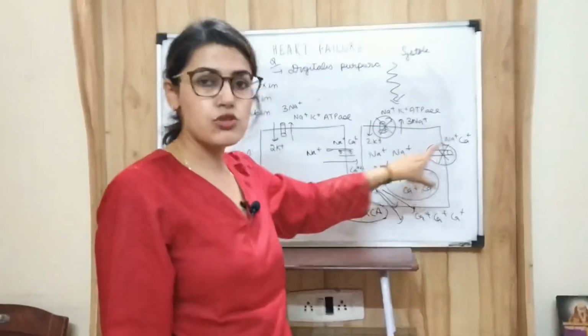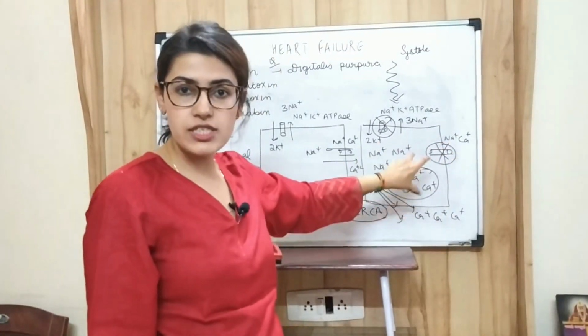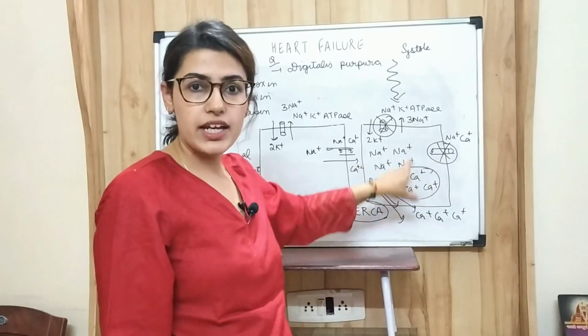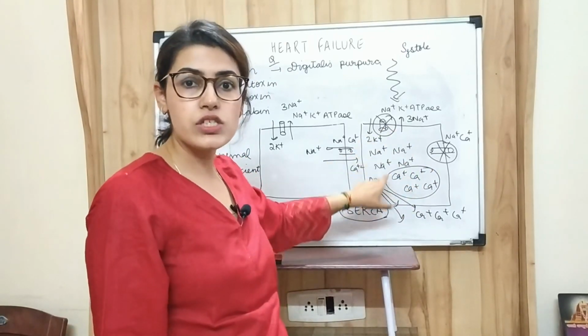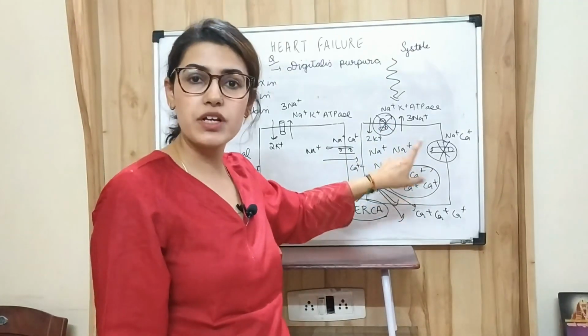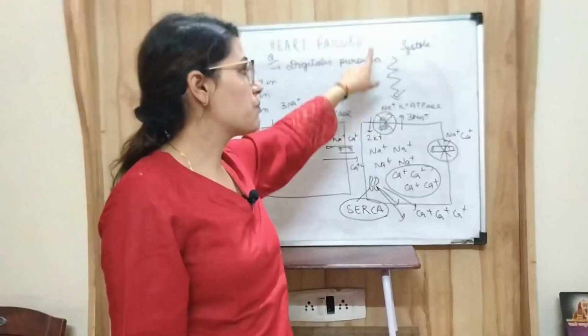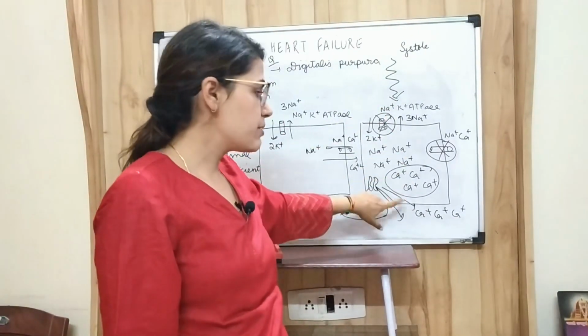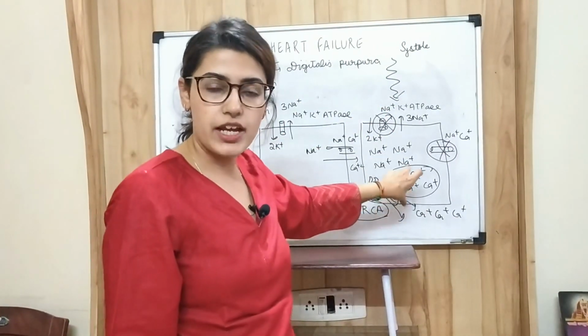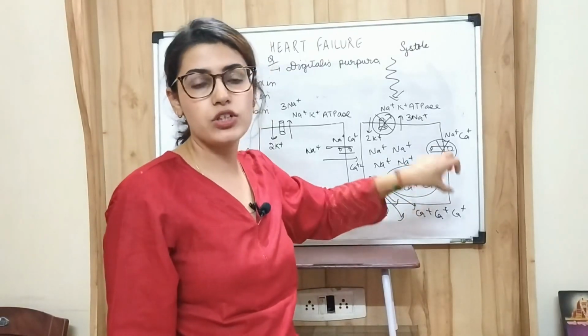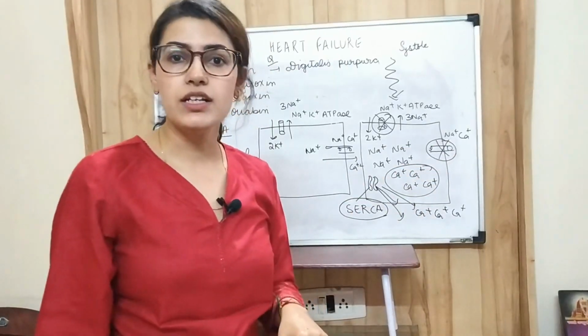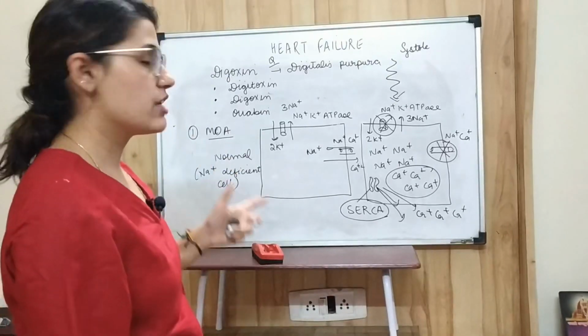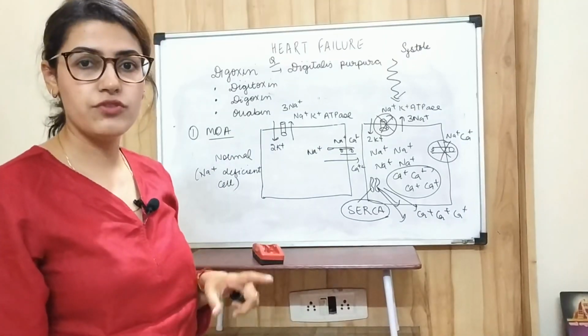Now when calcium is not going out, it will be too much in the cell. This calcium again gets collected and goes into the sarcoplasmic endoplasmic reticulum. Whenever there is a wave of systole, this calcium comes out of the sarcoplasmic endoplasmic reticulum and further causes myocardial contraction. So this is the first mechanism of digoxin.